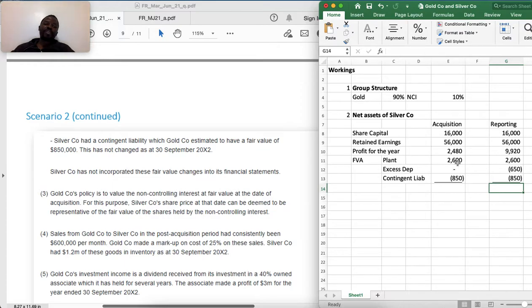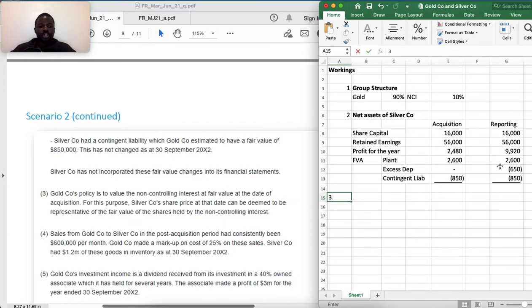So the fair value of the plant and also the fair value of the contingent liability were not posted on the financial statement of the subsidiary Silver. Then when doing the consolidated profit or loss, this will take into consideration this excess depreciation.